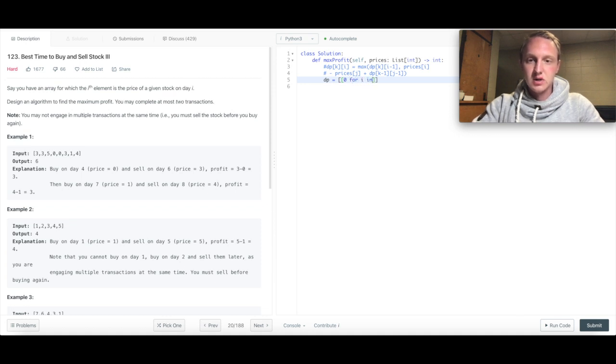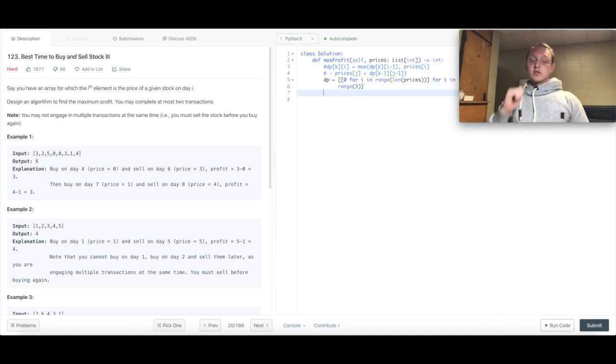It's for i in range of prices, and for i in range 3, just because we need to include the step for where the transactions are going to be 0. Okay, we have that. What's our next step?